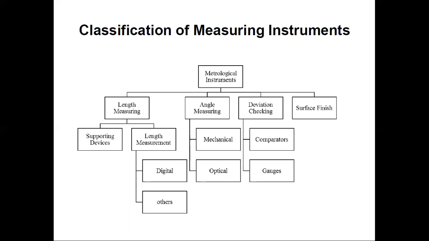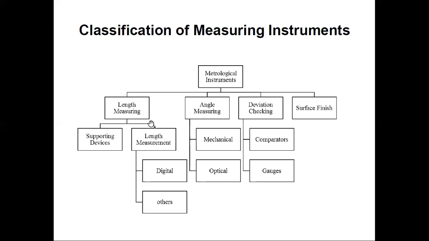Length measuring instruments are also classified into two parts, linear devices and length measurement, which are of two types, digital and analog. In angle measurement there are two types, mechanical and optical. In deviation checking we use comparators and gauges. Okay, so this is the broad specification.